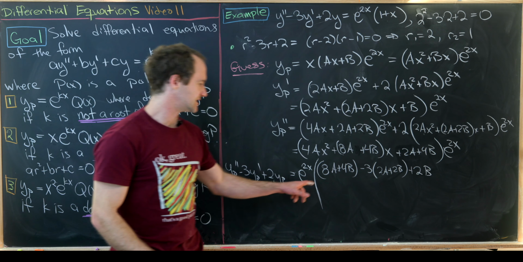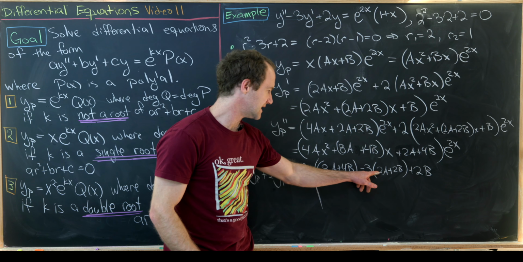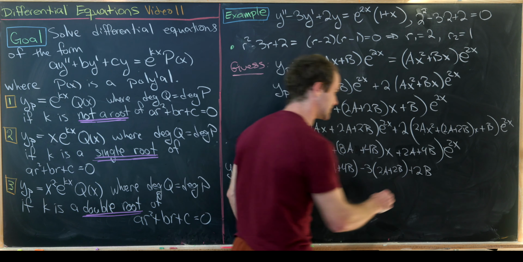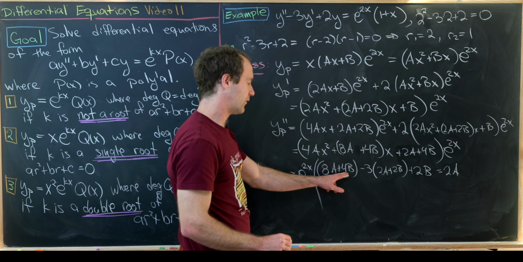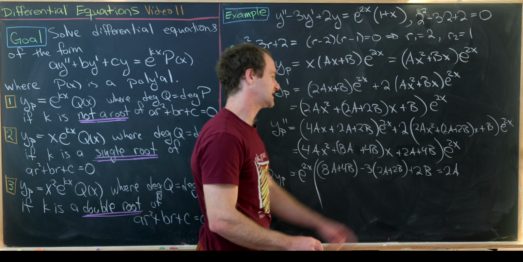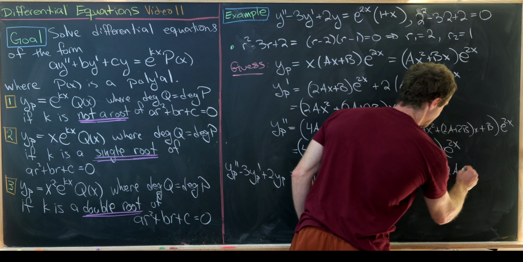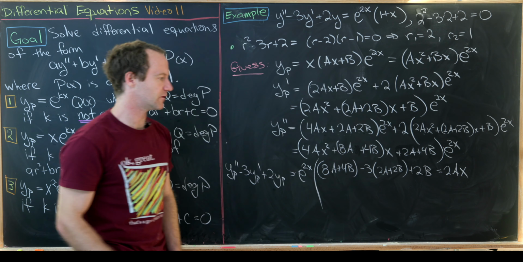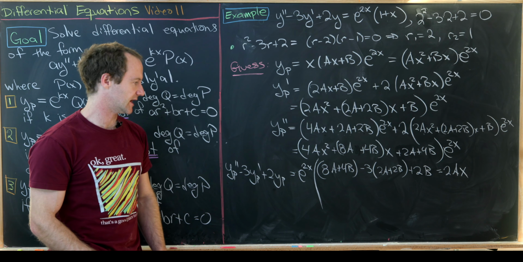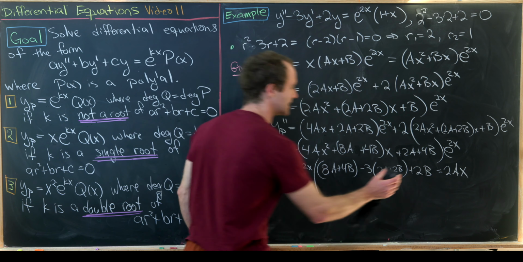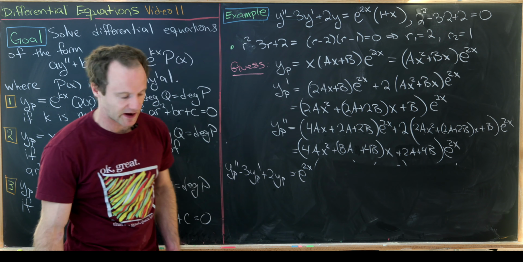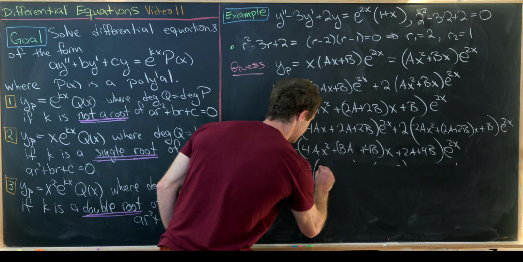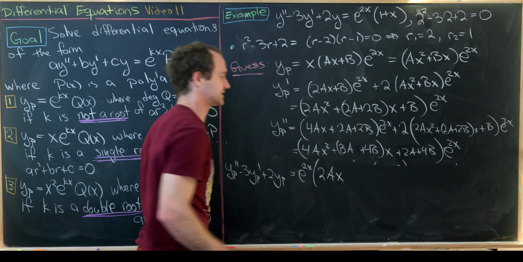Okay, so we've got 8a minus 6a, so that's going to be 2a. Then we have 4b minus 6b plus 2b, so there's no b, so we have 2ax. So that's the coefficient of x, 2ax. Let's erase all of this calculation, and we'll just put that we have a 2ax in there for the coefficient of x. Nice.